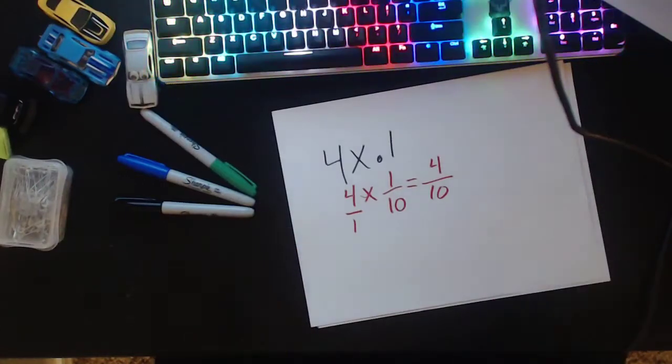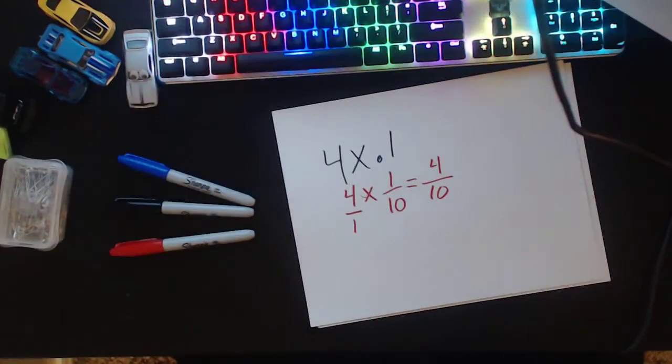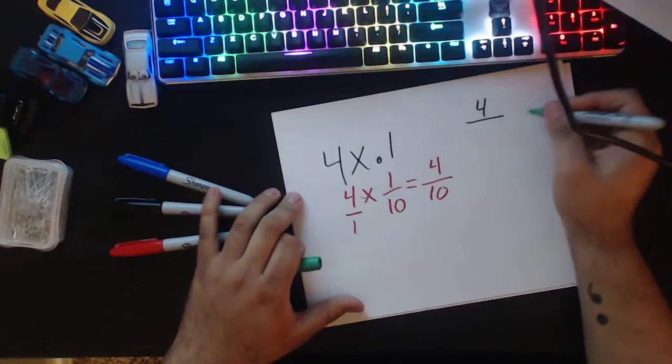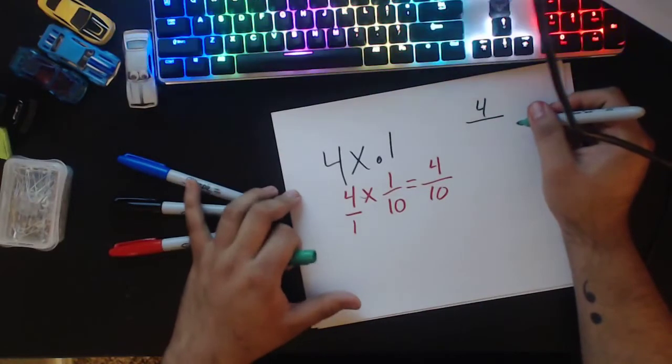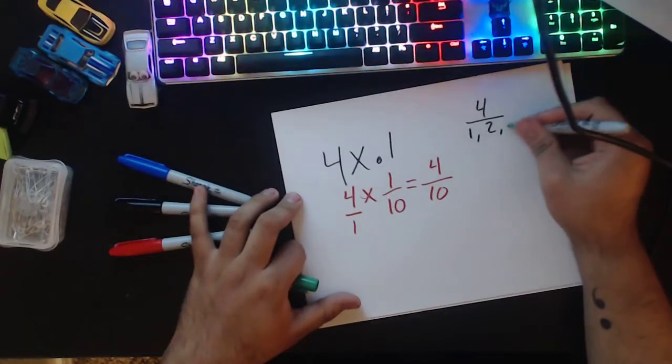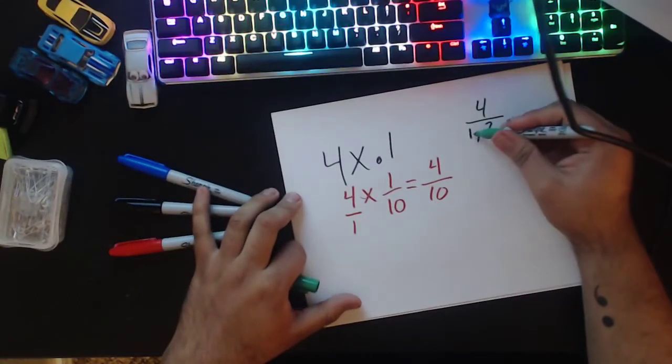Now I know I'm going to see a lot of comments of, you can simplify. Let's go ahead and simplify that. I'm going to take my smallest number, such as my 4, and label all of the factors of 4. I have 1, 2, and 4. Well, I know that 1 goes into 10.